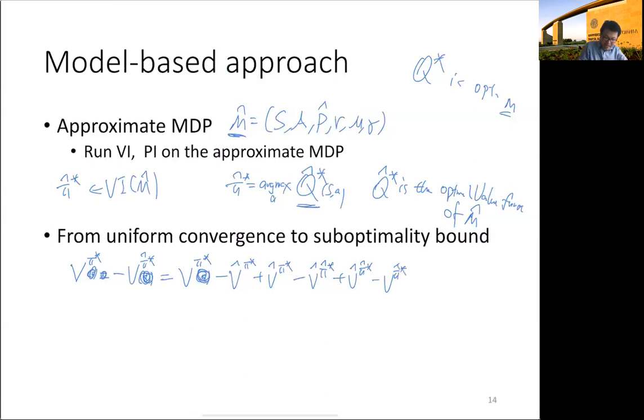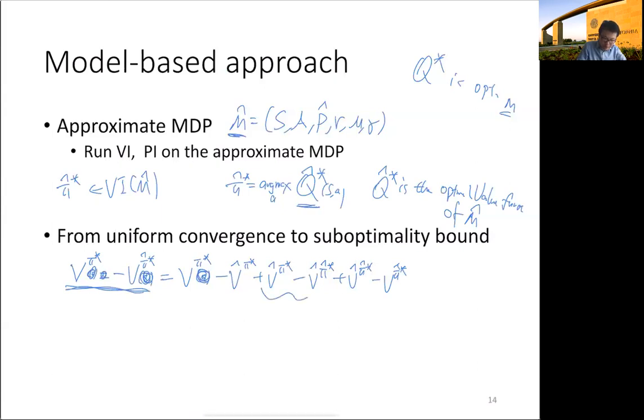I'm basically just adding and removing the same thing. Now let's group this suboptimality. The goal is to bound this by epsilon, right? So now we need to look at the three terms.